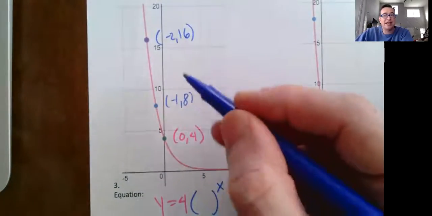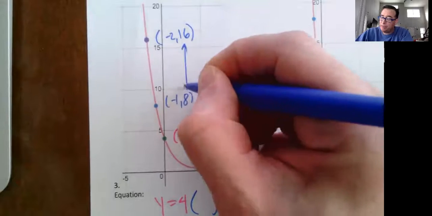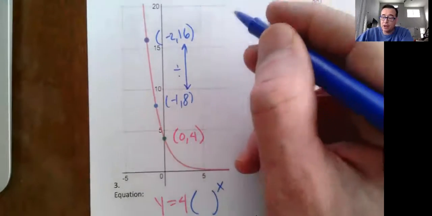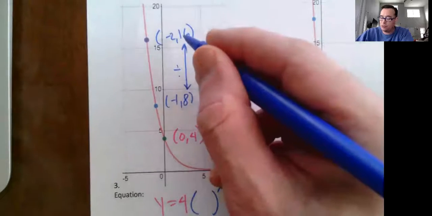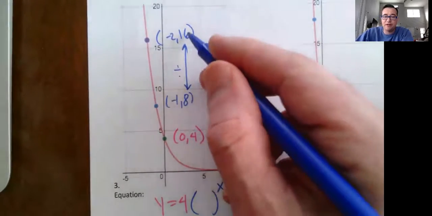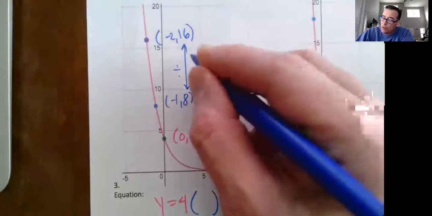I think it's easiest to see what happens when we deal with these by doing the same general idea. Before, when we were swooping up, you always did the second one divided by the first one. So I'm going to say that my base is equal to the second one divided by the first one, and I'm going to write it like a fraction. So I'm going to do 8 over 16.